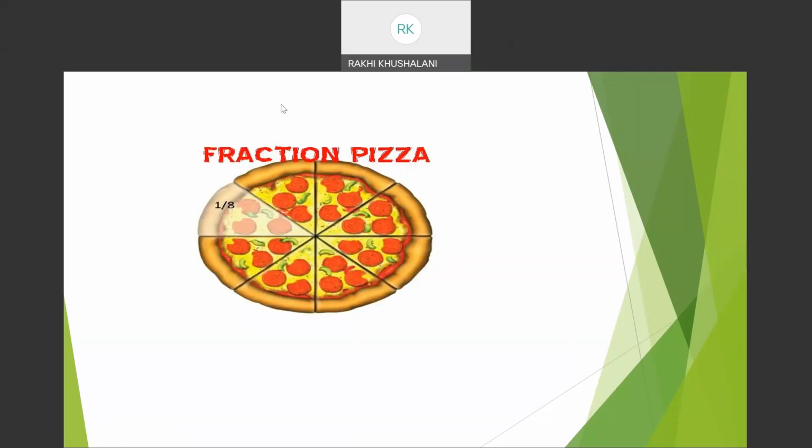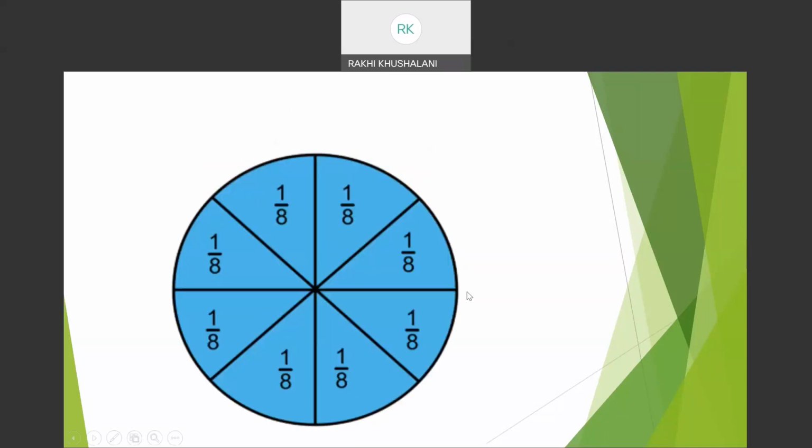Children, I hope you all remember now. This is just a representation in terms of clear figures. Now, I hope you remember that the top one is called the numerator and the lower portion is called the denominator, right? This is not something new for you children.